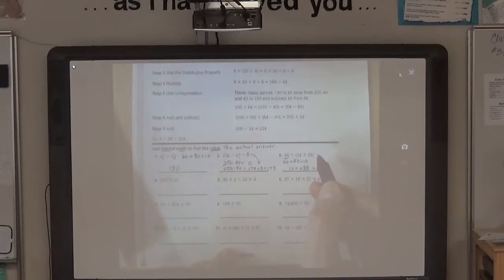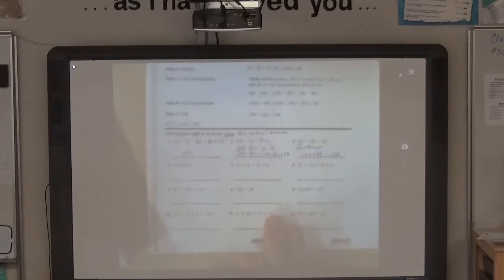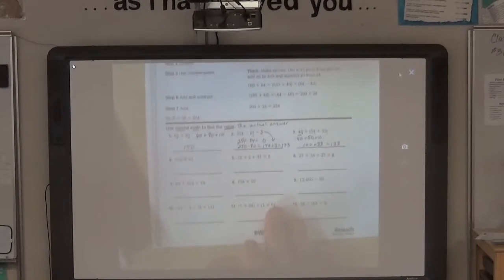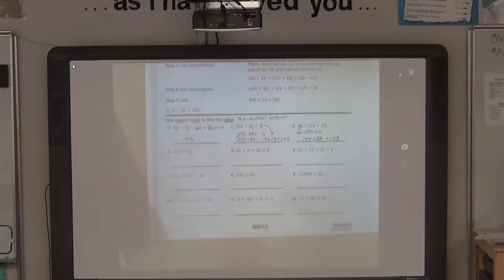Since they're all addition, then you can use the commutative property to help you. Now, if it was addition and subtraction, or if it was multiplication and a combination of operations, then that wouldn't work. But since this is all addition, whenever you have all addition, you can use the commutative property. Okay.